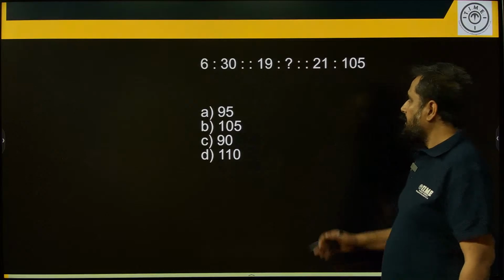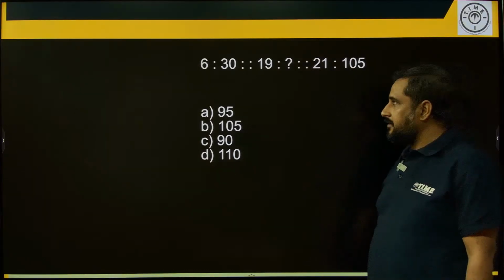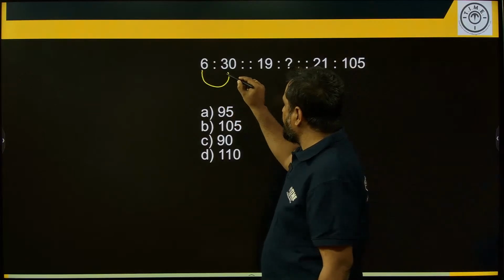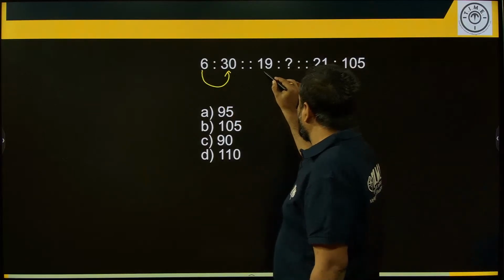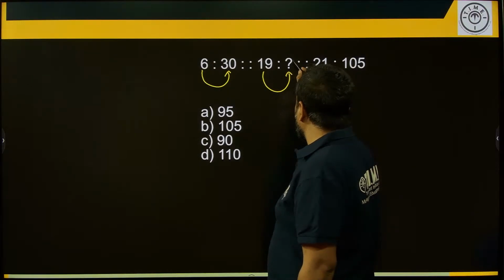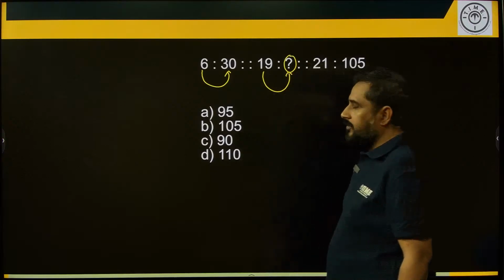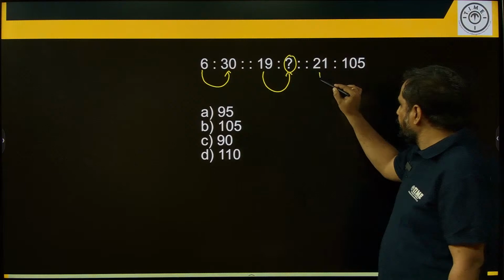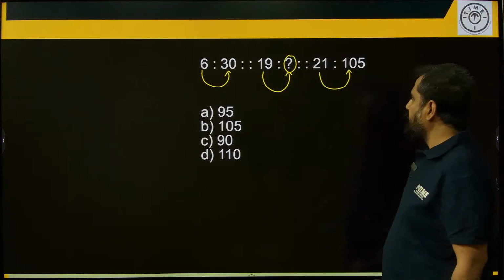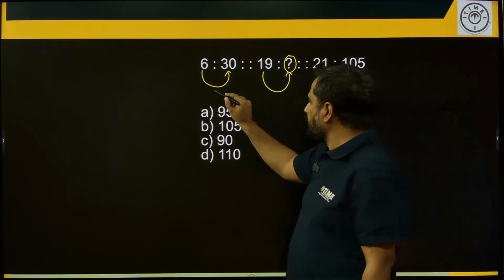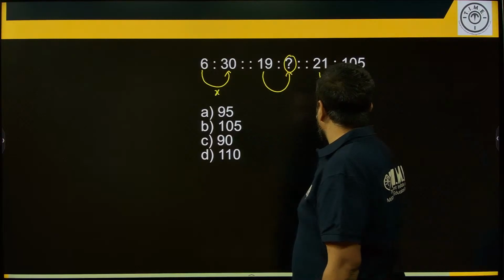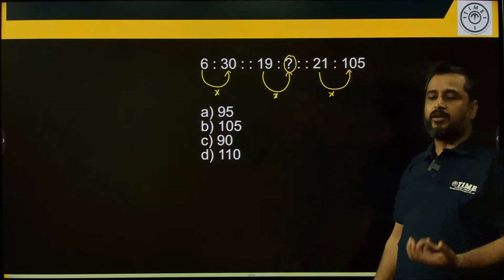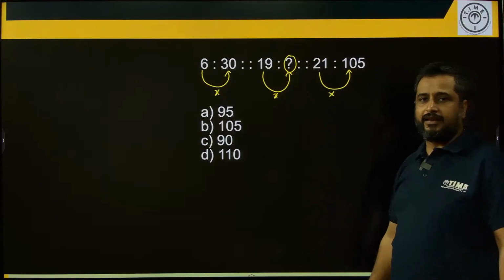Right. Here we can see a 3-pair analogy. Here we need to identify the logic from the first number to the second number, and similarly third to fourth number, but the fourth one is a question mark. So we have to find out what will come in the place of the question mark. But even before that, the fifth to sixth should also follow the similar logic. It means if the logic is x here, it should be x here, and x here too. So we should try to find a similar logic which is possible in all these 3 pairs.